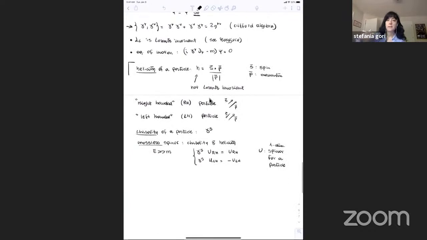And then for completeness, we can also ask what happens if I apply this operator to an antiparticle. We have the opposite behavior, in the sense that if we take the spinor V for an antiparticle, we have that this is equal to minus V, and similarly we have this with a plus.